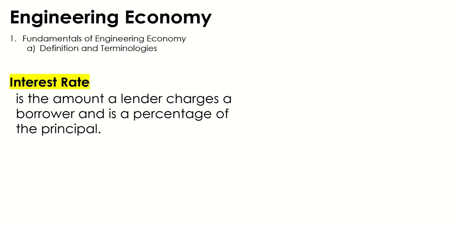So next is interest rate. Interest rate is the amount a lender charges a borrower, and it is a percentage of the principal. So interest I is the principal multiplied by the interest rate, times the number of terms.